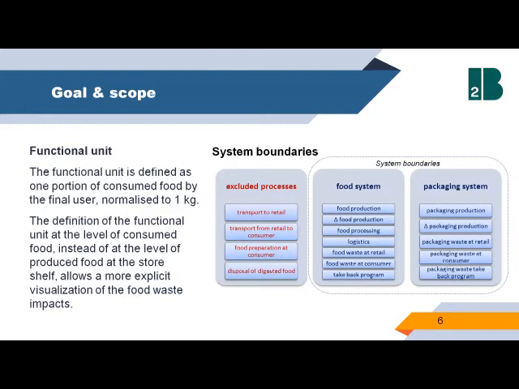But by defining the functional unit at the level of the consumed food, you can see better what the impact is of the wasted food. So that's the reason why we selected here the consumed food as the functional unit. It becomes more evident what the impact is of the extra food production that is wasted.